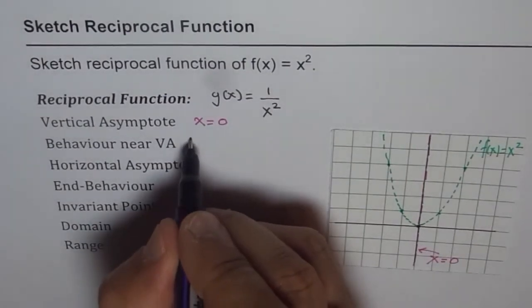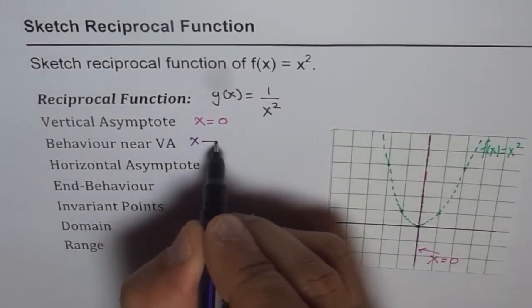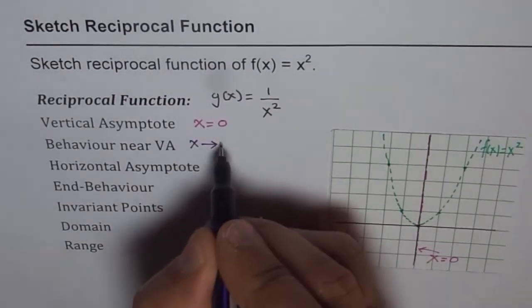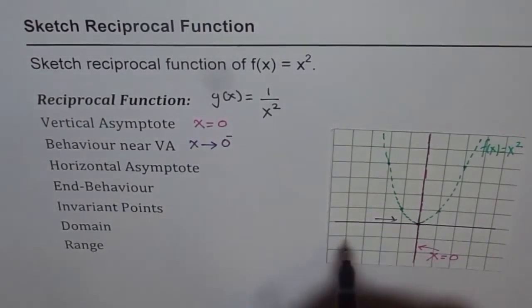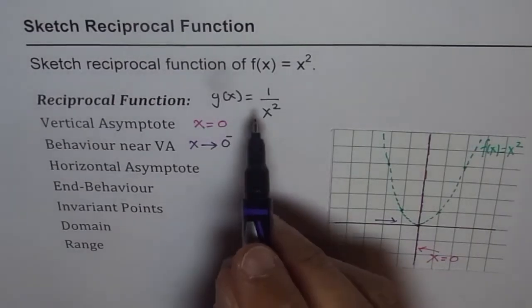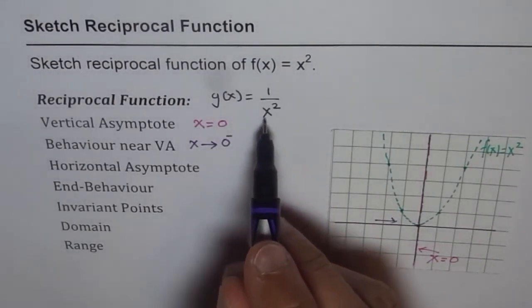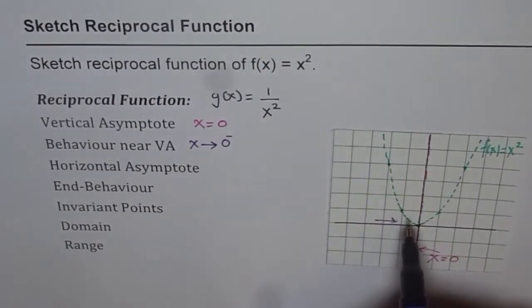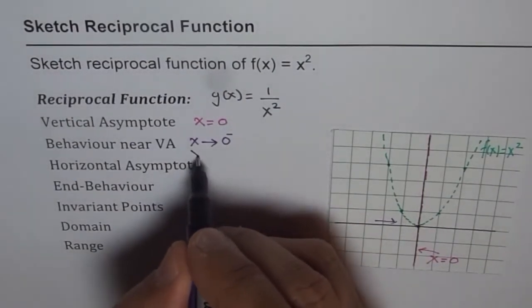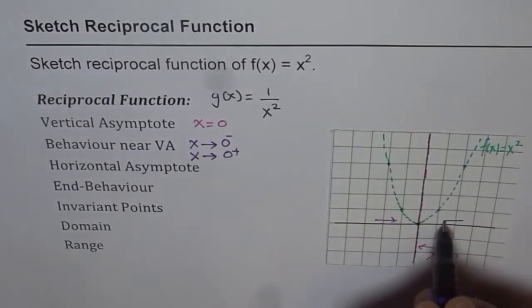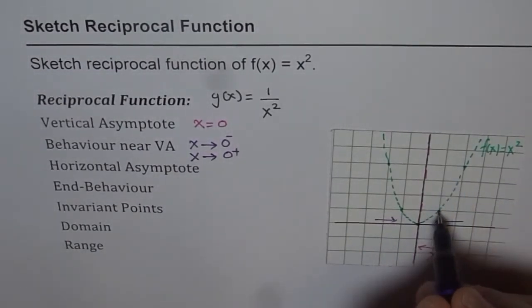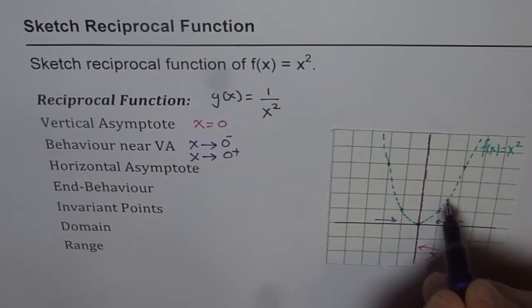So if x is approaching 0 from the negative side, that means from the left side, then also it is going to be positive, since the function is positive. Its reciprocal will be positive, right? Or when you approach 0 from the positive side, the function is positive, therefore its reciprocal will also be positive.